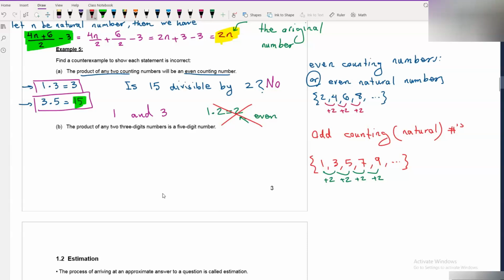So in an exam, you only need to write one of these. For example, that one. And also this part. Part B, the product of any two 3-digit numbers is a 5-digit number.